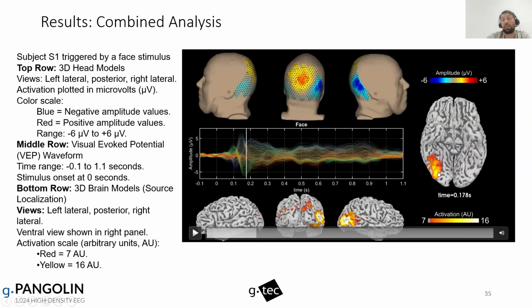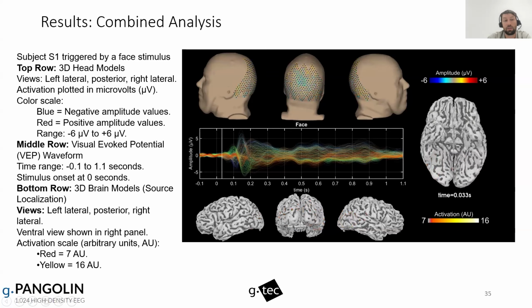And you can see some activation here also in the ventral plot, in this fusiform gyrus, which we could find with the source localization compared to the standard Pangolin plots. We get very important insights in that case with all the electrodes that we use.